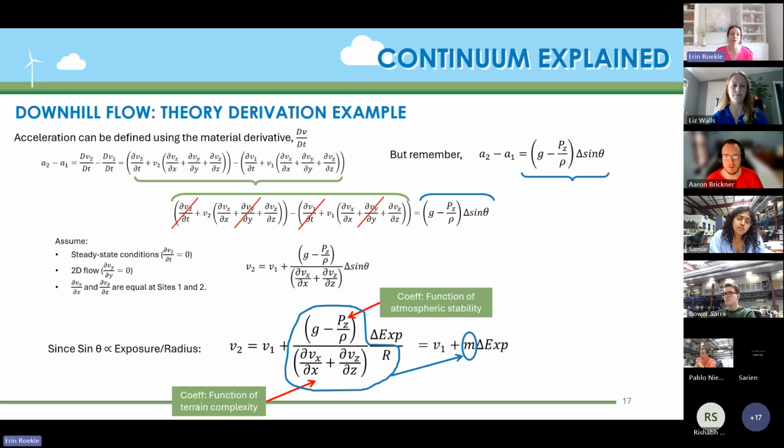And so when we have that, we can start making a few more assumptions and building out our full downhill flow definition. The assumptions we're going to make: we're going to assume steady state conditions, so anything d/dt is going to get set to 0. So we cancel those out.